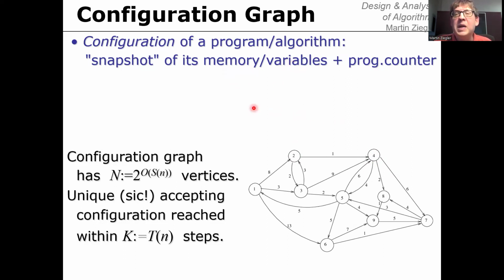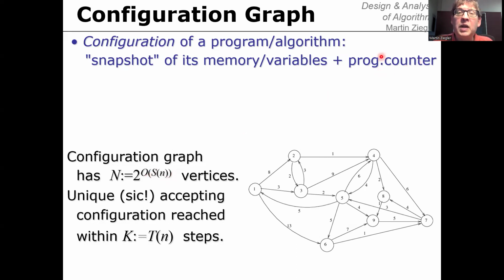And what we can immediately see is that if the algorithm has S of n memory, then the memory can have 2 to the S of n possible configurations, and therefore the number of vertices, the number of nodes of the configuration graph, is indeed at most 2 to the O of S of n.